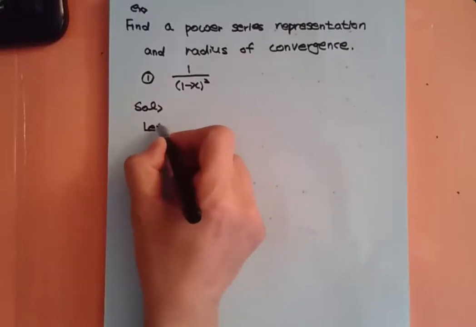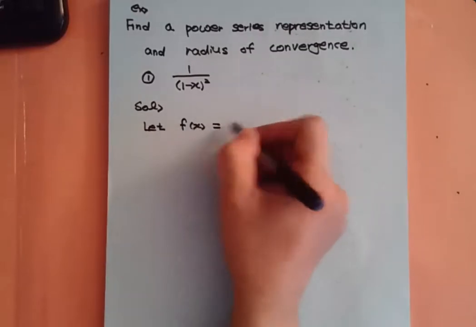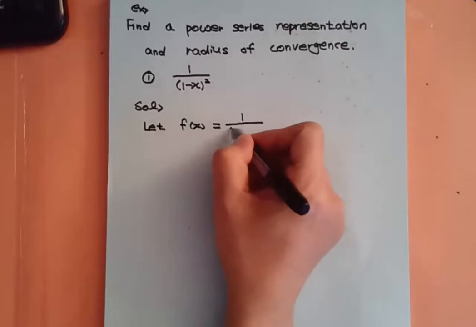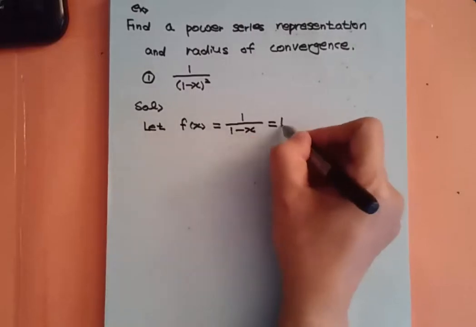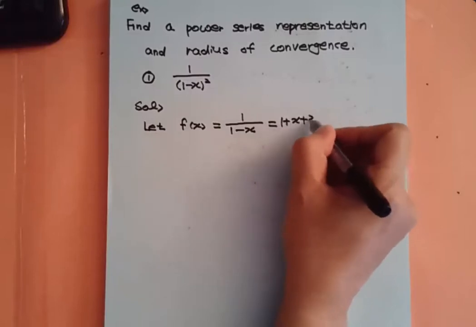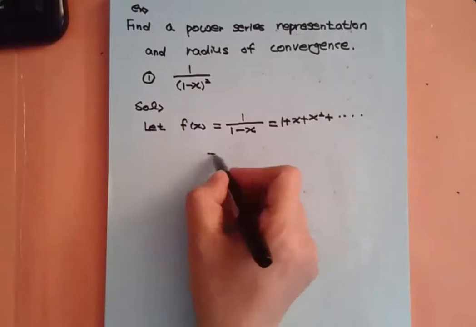So we think about f of x equals 1 over 1 minus x, which we know the power series expansion of, and that comes from the geometric series.